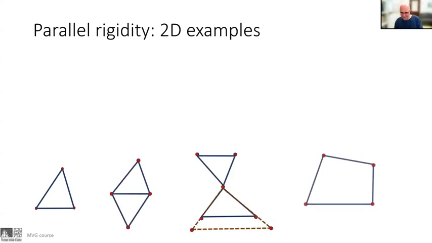For example, I take this bottom side, extend it, and then take a parallel line here. And this is not a uniform scale. So this is not parallel rigid. My drawing is bad. Let's see how we use the theorem to prove this.